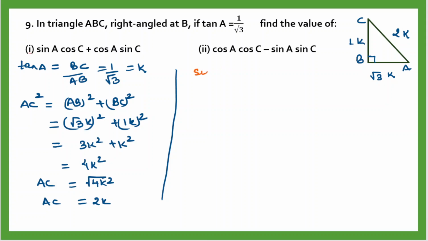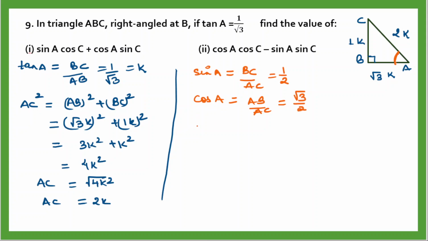first what is your sin A. Sin A with respect to A. Sin A is equals to BC divided by AC, 1 by 2. K will cancel out. Now cos A. What is your cos A? It is equals to AB divided by AC. So it is equals to root 3 by 2.